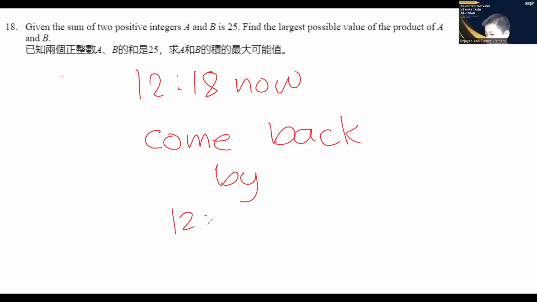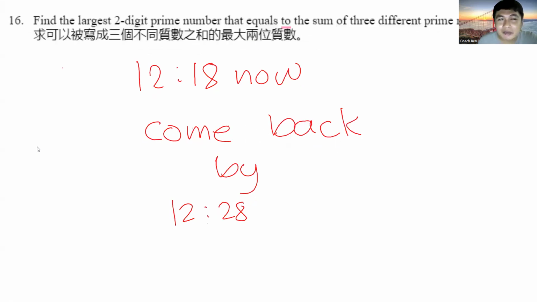Teacher, I have to ask you a question. Can you teach me number 16? I didn't understand number 16. Okay, just one question. Find the largest two-digit prime number that equals the sum of three different prime numbers.